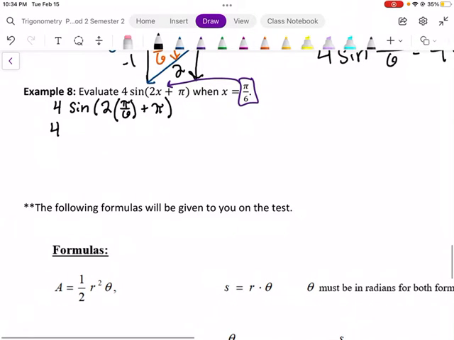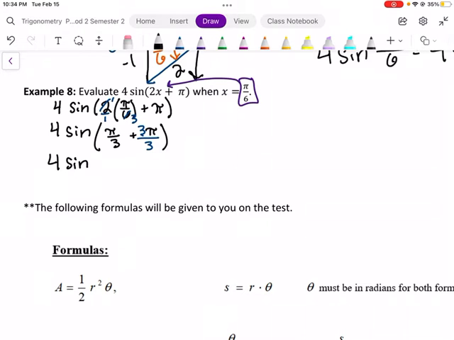And if we were to multiply 2 times pi over 6, you can see the 2 would simplify with the 6, and you would be left with a 3 on the bottom. So we'll have pi over 3 plus pi, which is the same thing as having 3 pi over 3. So we're going to do 4 times the sine of 4 pi over 3.